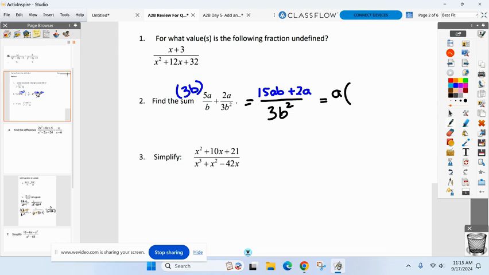What's left? 15b and 2. Anything else there? No, it's that plus. We're all good? Yeah, you're right. There's nothing else left.